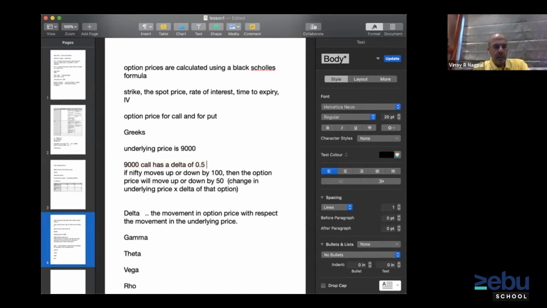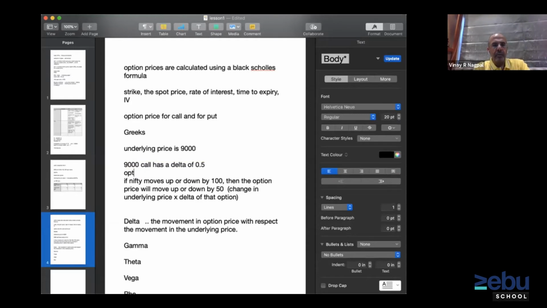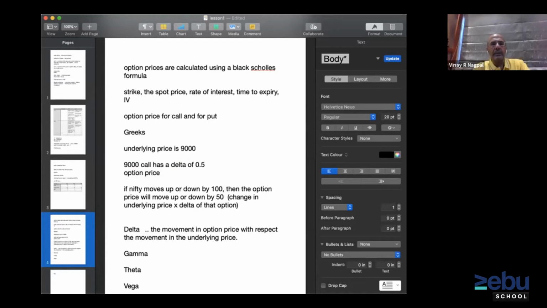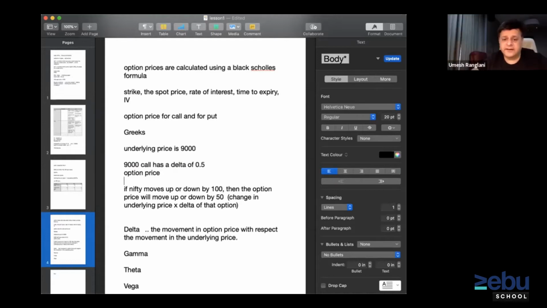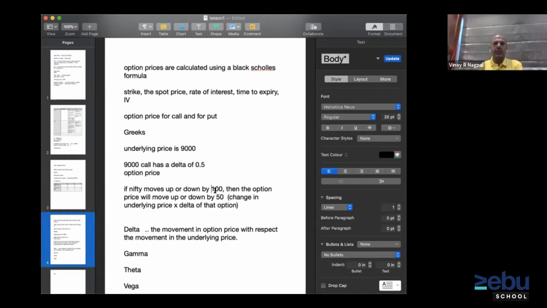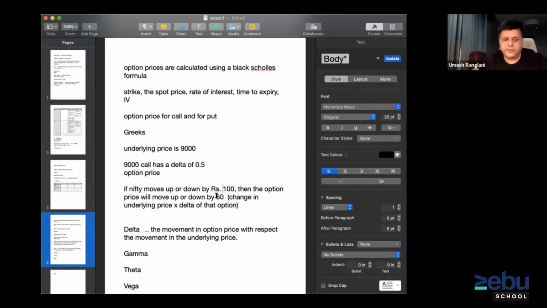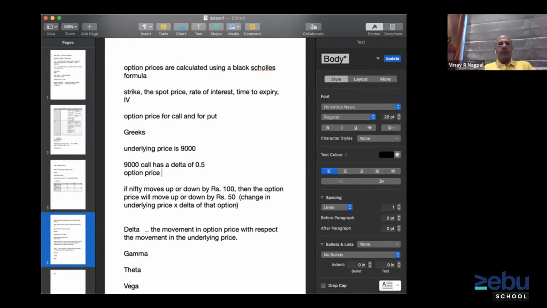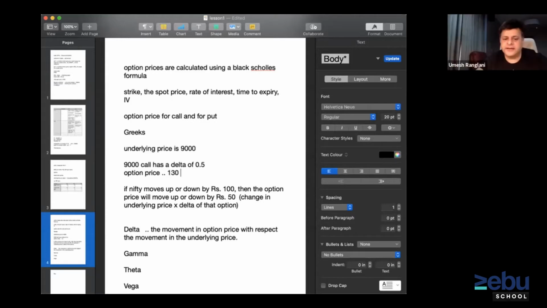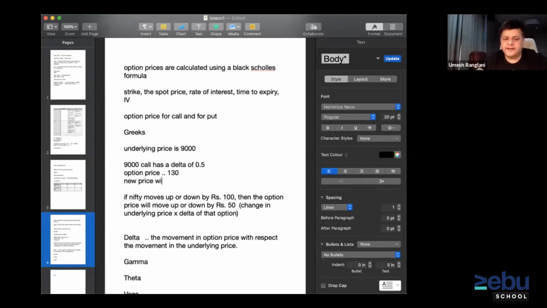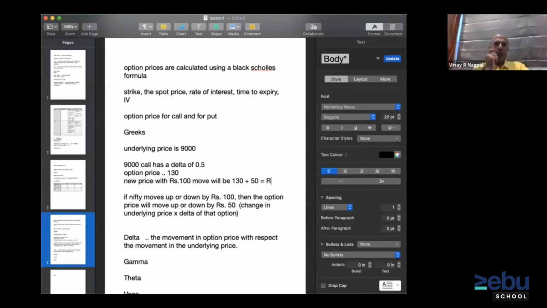The option price goes up by 50 rupees, in real terms. Option price earlier was 130. The new price with a 100 rupee move will be 130 plus 50 equals 180.